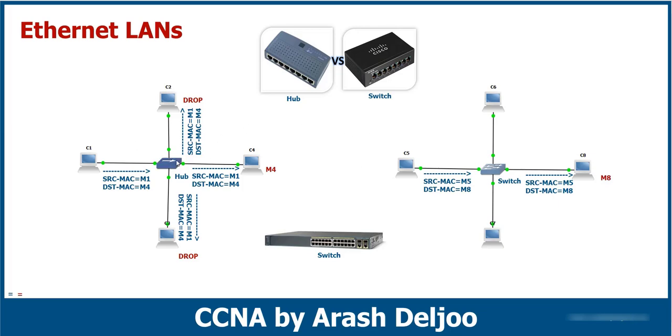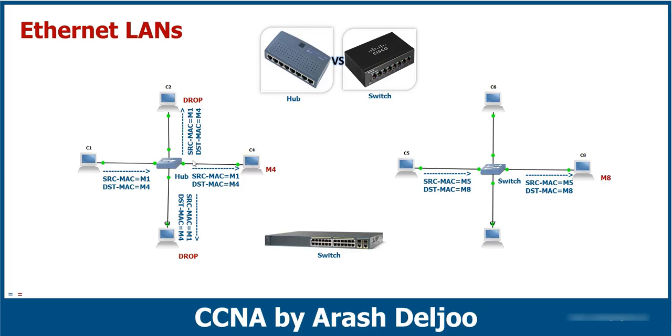As you can see, like a switch, a LAN hub provides a number of RJ45 ports as a place to connect links to PCs. However, hubs use different rules for forwarding data, and after some years we created the switch, and with a switch we can forward the traffic more intelligently.